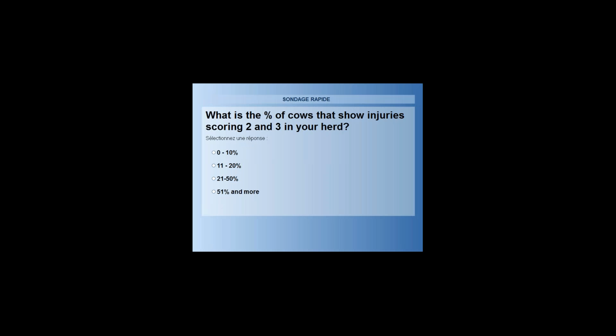The choice of answers is 0 to 10%, 11 to 20, 21 to 50%, or 51% or more. So we're leaving you a couple of seconds, and we want to know what you think is the percentage of cows with score 2 or 3 on basically any of their rear limbs.